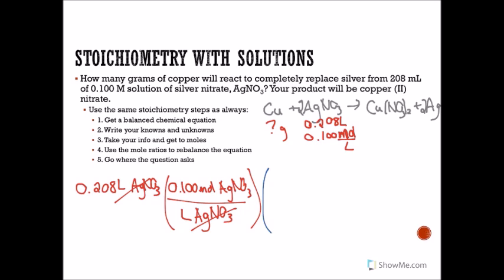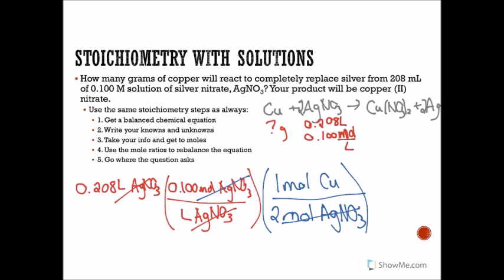We have 0.100 moles of silver nitrate on top. We need to put 2 moles of silver nitrate on the bottom from our coefficient. And then we have 1 mole of copper on the top.